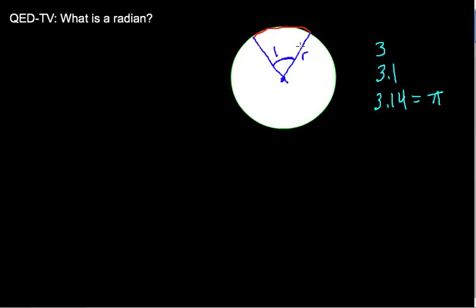That's 1 radian angle. And so there'll be about 6 of these radian angles around here.